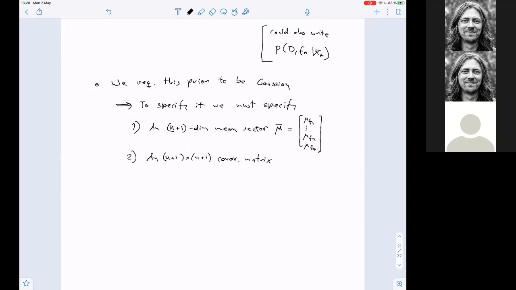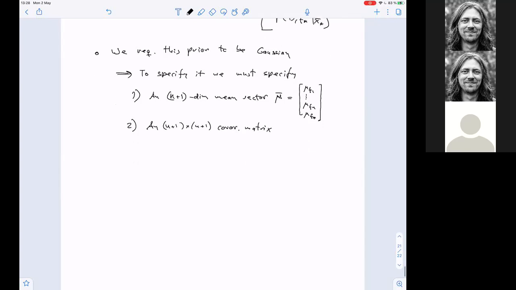So what is typically done is that you don't choose all these numbers directly, but you choose a mean function as a function of input point, and you specify a covariance function or kernel function as a function of input points. And you use those to define your mean vector and your covariance matrix.